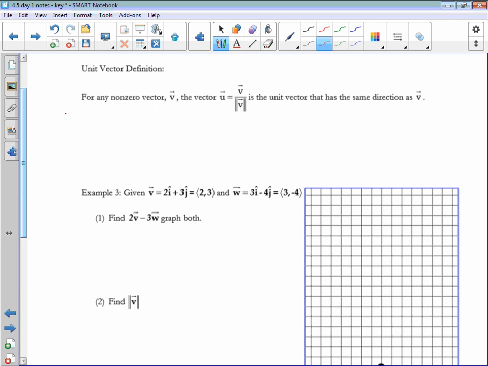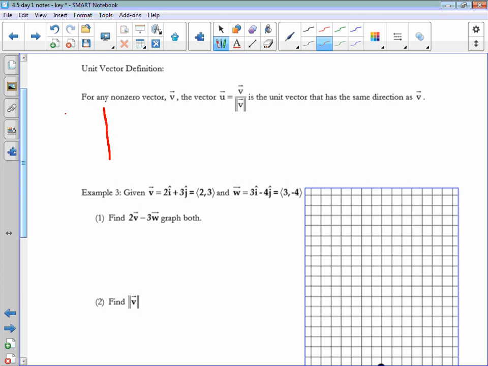All right, if we have a vector that's not equal to 0, we can find the unit vector. Think of it like if you had a hypotenuse of a triangle and you wanted to turn it into something from the unit circle. If you wanted to make that hypotenuse 1, that's essentially what you're doing. Let me go through how this works.